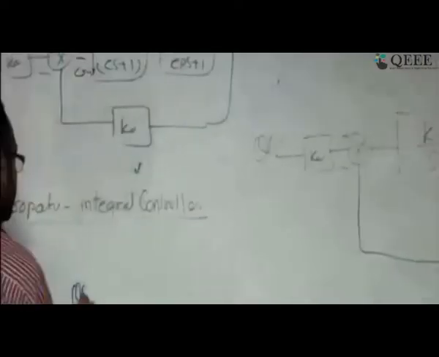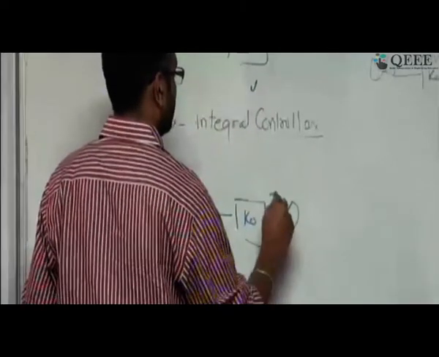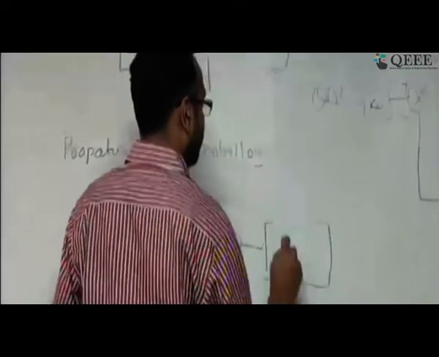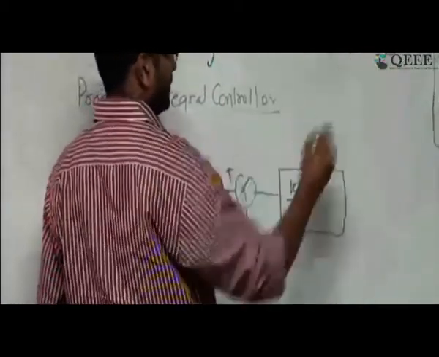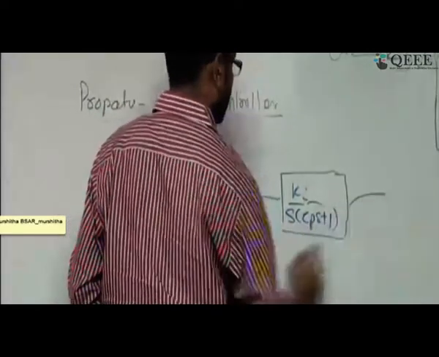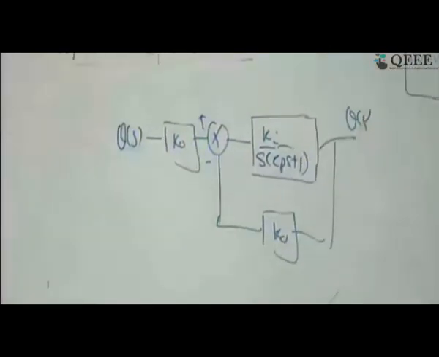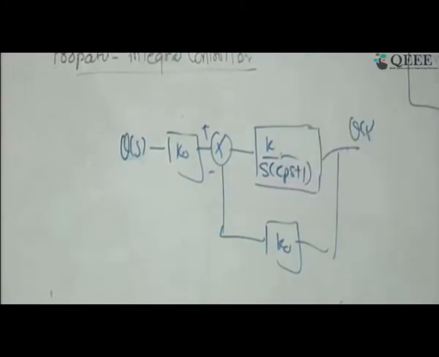This is going to be theta of s, k0 plus minus, ki. Now the entire thing, ki, kp, all these terms, you can write as k, over s into tau p s plus 1, and this is going to be k0. Is that part clear? I have come from here to here because ki, kp, all these constant terms I am writing as one k, and the numerator is s into tau p s plus 1, and this term is k0.